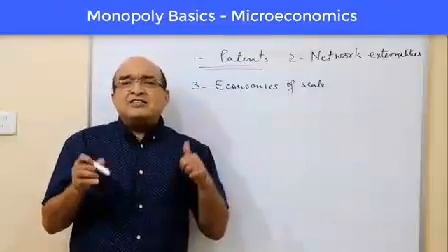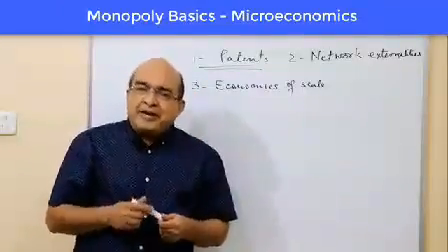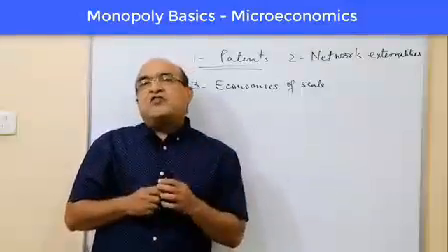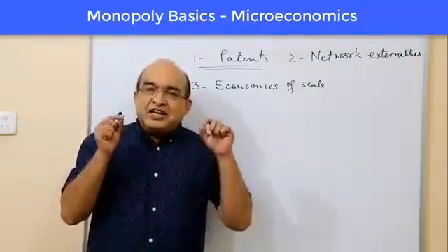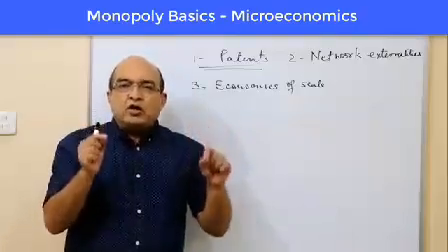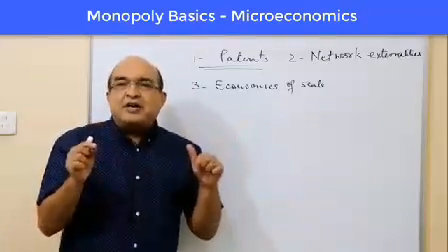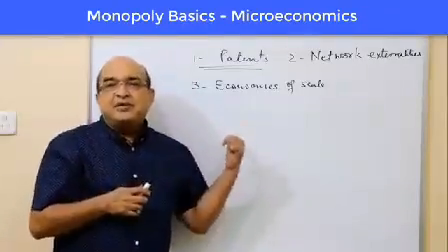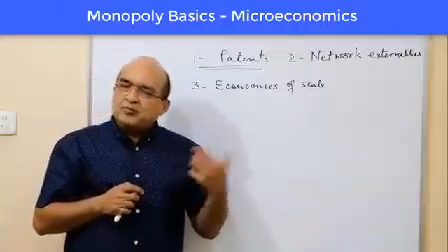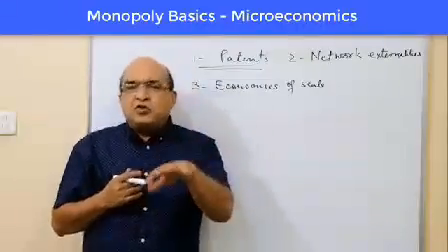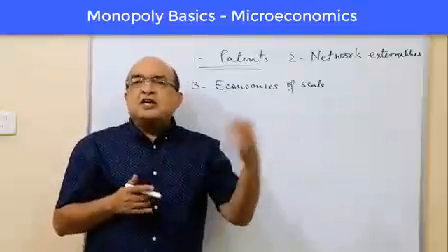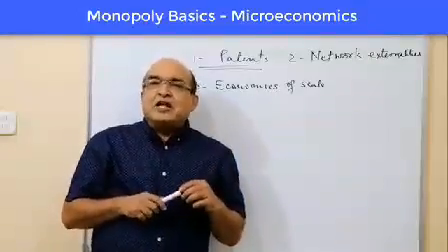These are the conditions for which a patent is granted to a firm. A patent means that the firm will have the exclusive right for the production of that particular good for which it has been granted a patent by the agency. There is a mechanism of applying for the patent, and a whole procedure through which a patent is granted.